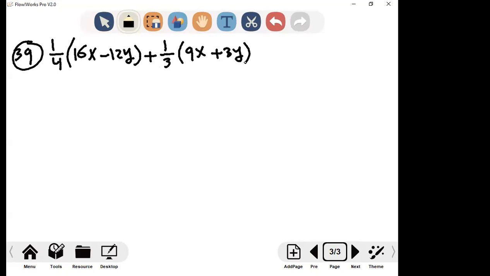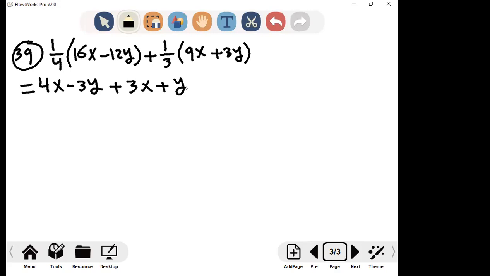Yalla, distribute the first one and the second one, then simplify. Let's multiply. 1 over 4 times 16, 1 multiply 16 divided by 4, 4x. 1 times negative 12 divided by 4, negative 3y, right? Plus the second one, 1 times 9 over 3, 3x. 1 times 3 over 3, 1y, right?